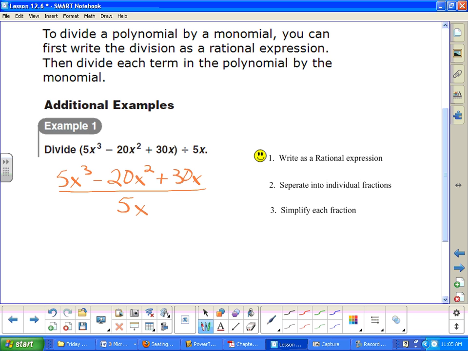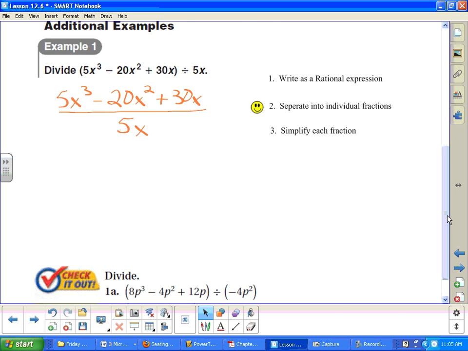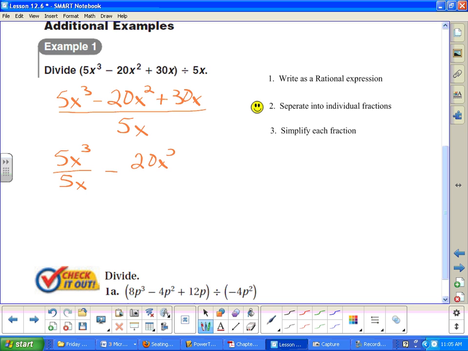Well, if I have all those things over that monomial, I can also write them as separate pieces. And so our second step then is going to be separating into individual fractions. So we're going to write it as 5x cubed over 5x minus 20x squared over 5x and plus 30x over 5x.